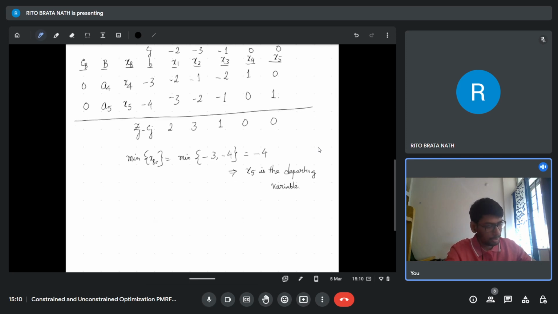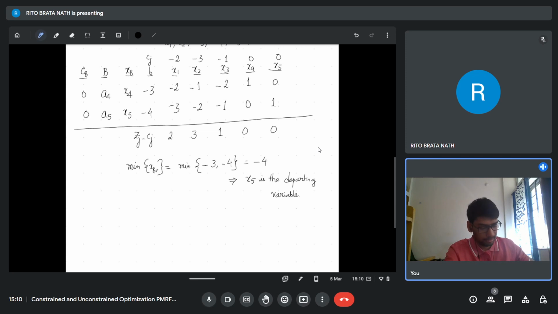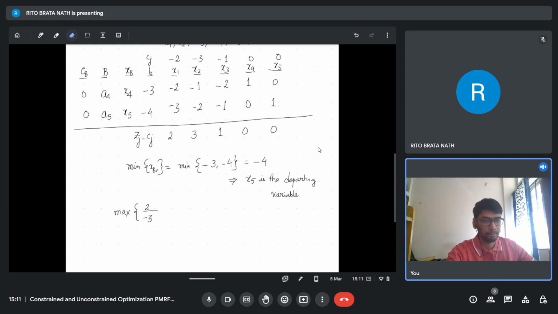And the other one is max. So you have to determine now the entering variable. So for that you can take max of 2 divided by minus 3. So it's corresponding to this one and this row which is departing. So first in dual simplex method you are determining which one is the departing variable, unlike the normal simplex method where you have to determine first which one is the entering variable.